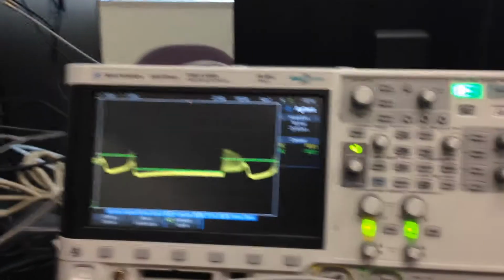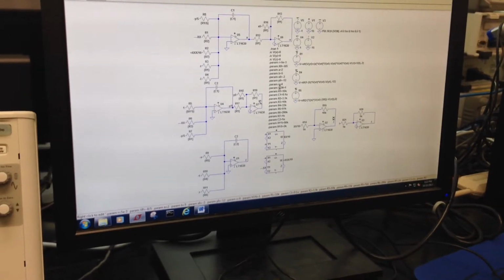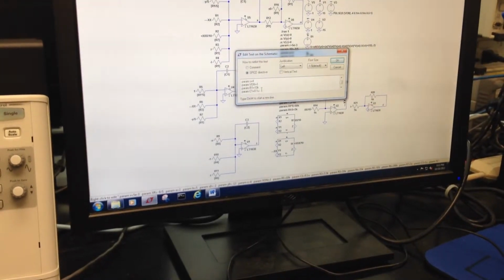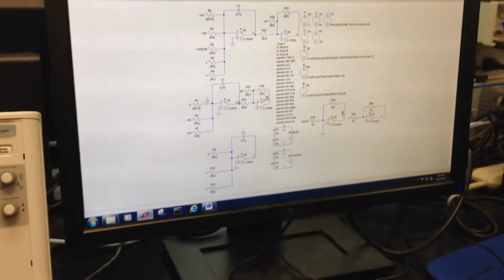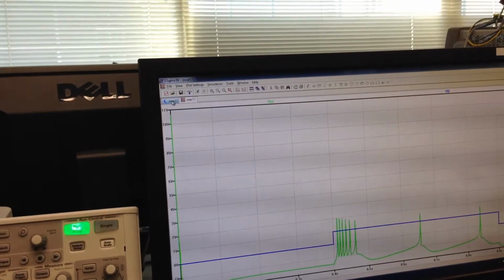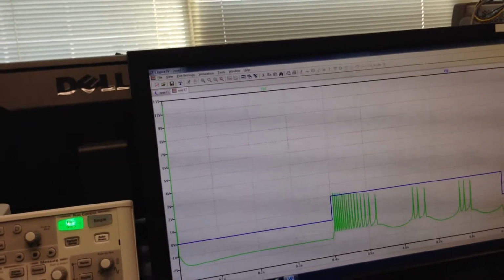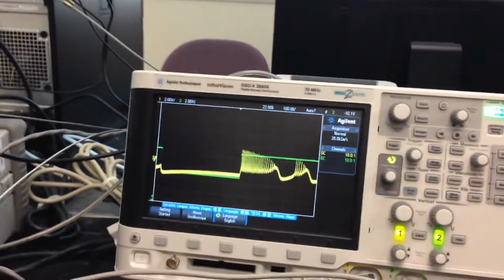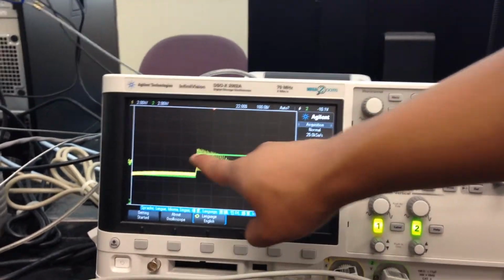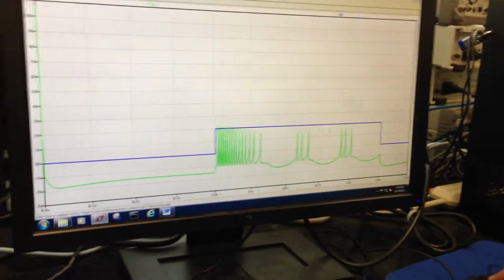We can also go in depth by changing the input voltage to 2 volts. You can see the spiking increase for the oscilloscope output, the same as the spiking increase for the LTSpice output.